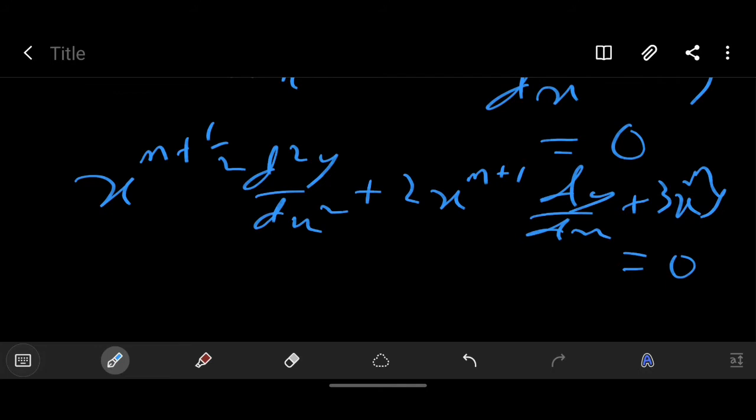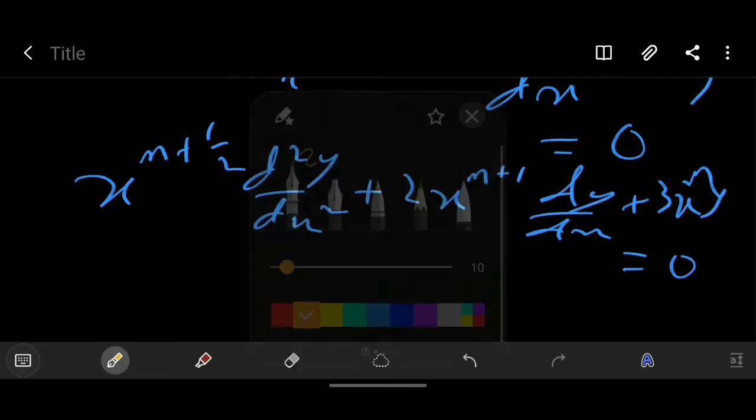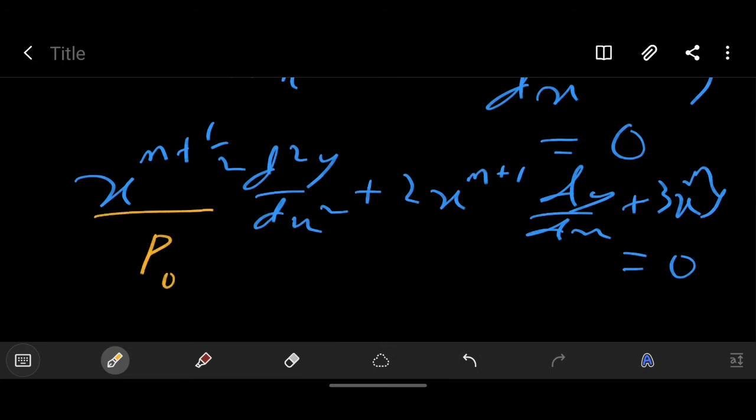So we now get this as p0, this as p1, and 3x power m as p2.